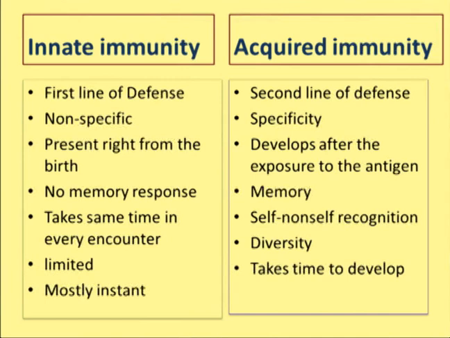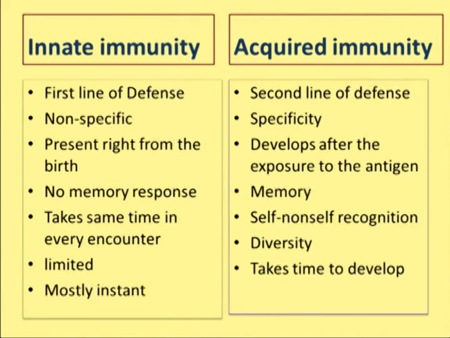Whenever innate immunity is working, it will take the same time whether the antigen is coming for the first time, second time, or another time, to eliminate the antigen, because it is non-specific and it is limited. Mostly innate immunity is a feature of lower forms of life, or non-vertebrates, and it is mostly instant.